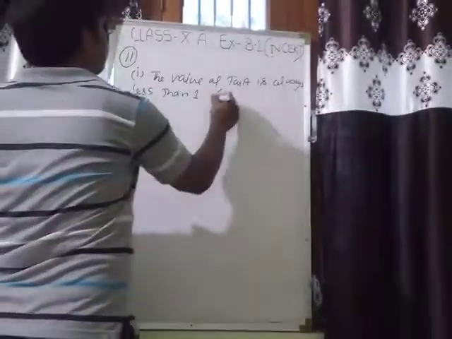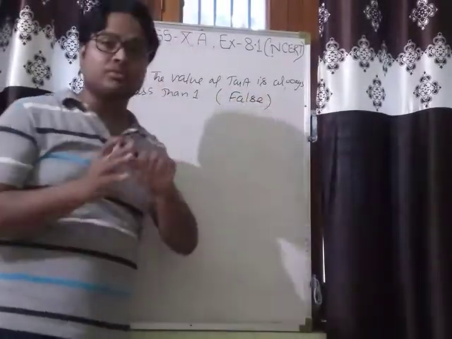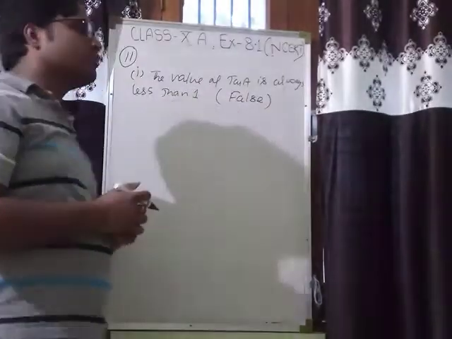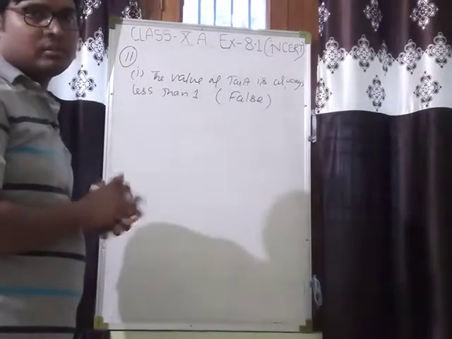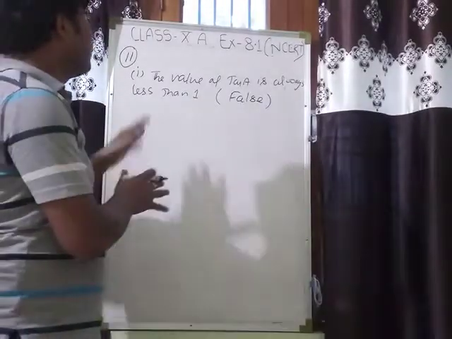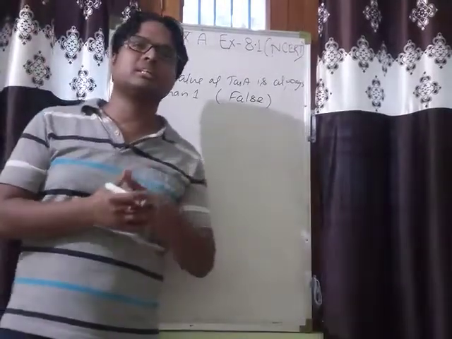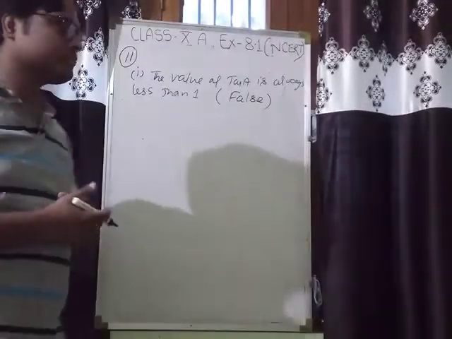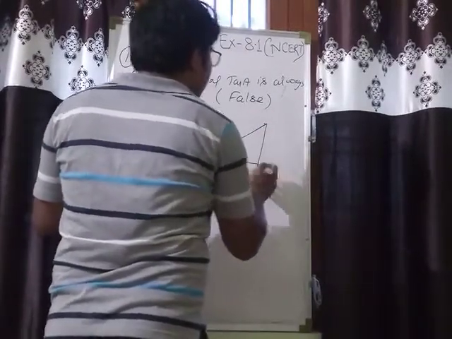And the question asks to justify your answer. So we have to give an example for proving that the value of tan A is not always less than 1. It may be possible that its value is more than 1. So I am going to give you a very simple example.